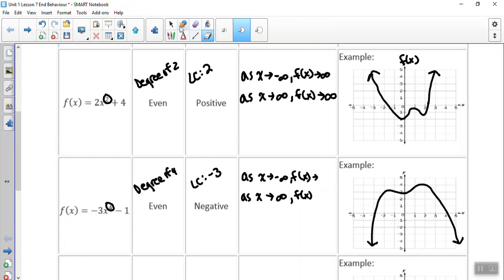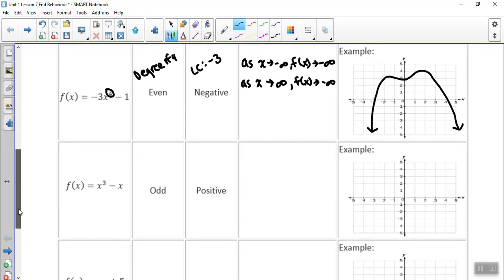As x approaches negative infinity, the left side of my graph is going down, so this has to be negative infinity. And as x approaches positive infinity, on my right side, you see how my graph is going down? This is also negative infinity.